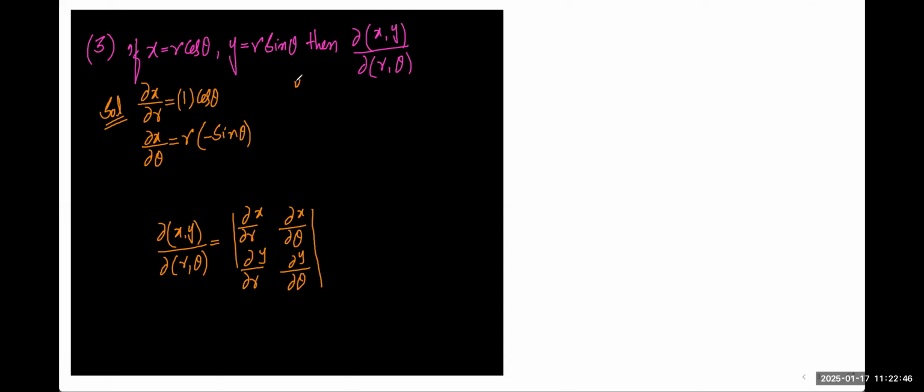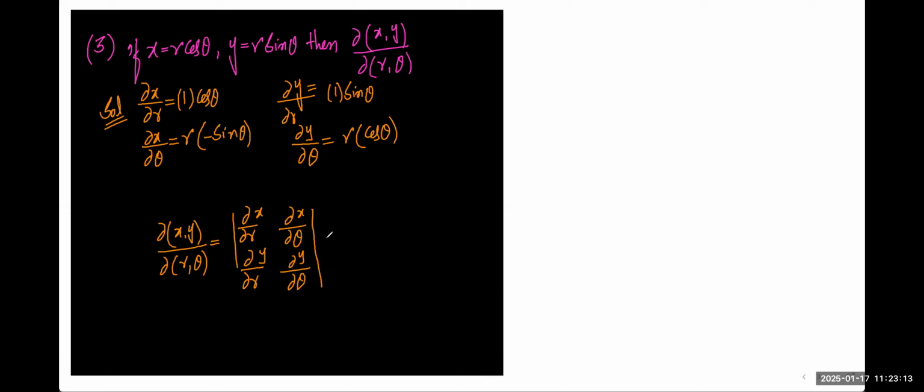Similarly, the y value, this one also we do directly with respect to r, is equal to 1 into sin theta. Same, the value of y with respect to theta, that is equal to r as it is, sin theta means cos theta.